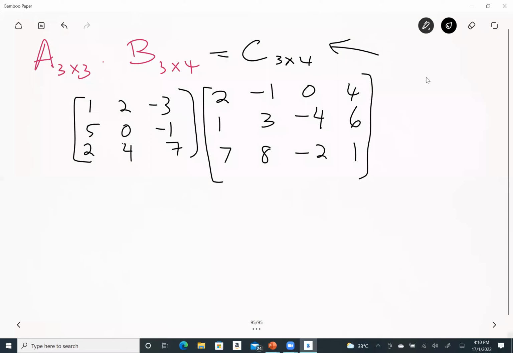Okay, now you know already the principle of multiplication. So what you do here, this is the method.